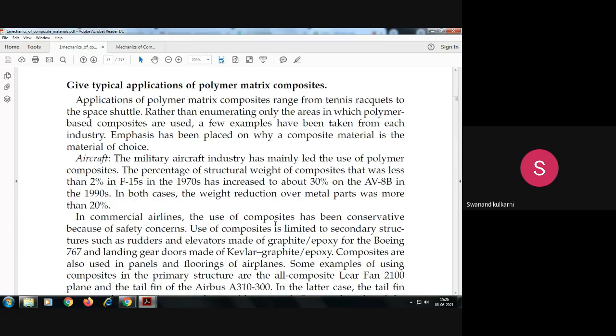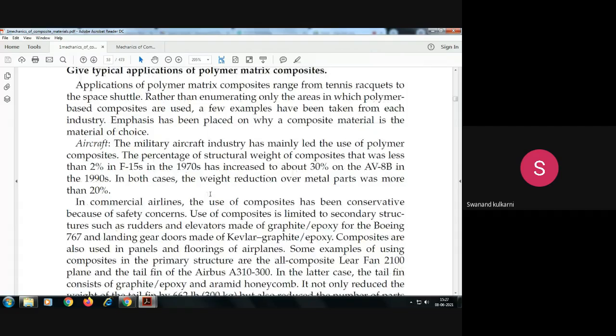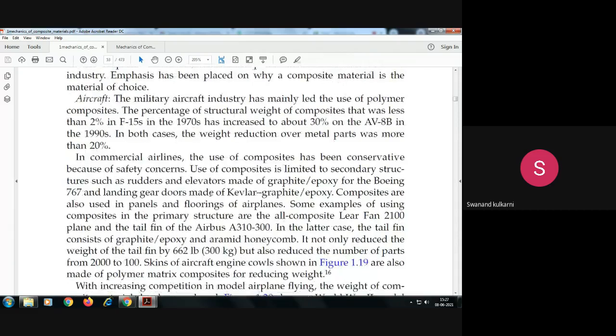Means we can see in 1970 there was only 2% utilization of the composite material, but after that in about 2000 that percentage increased up to 30%, and presently that is again higher than that. Aircraft industry is the industry because we know that the highest advantage of polymer matrix composite is in its weight saving, and in aircraft industries weight matters a lot.